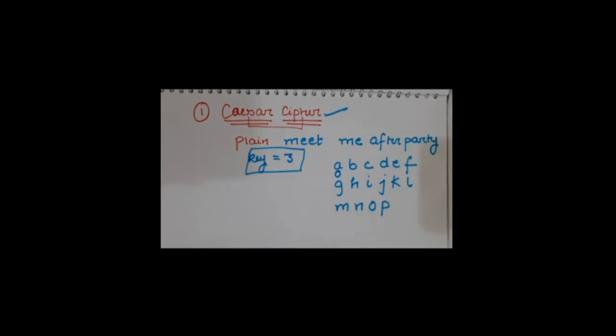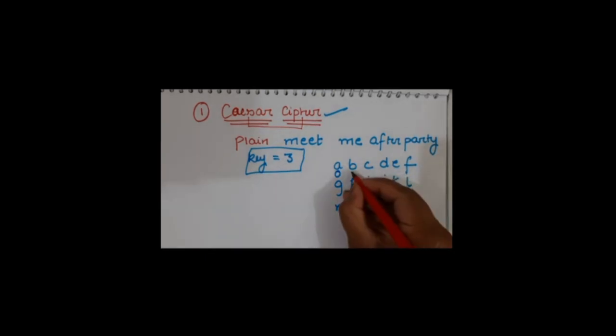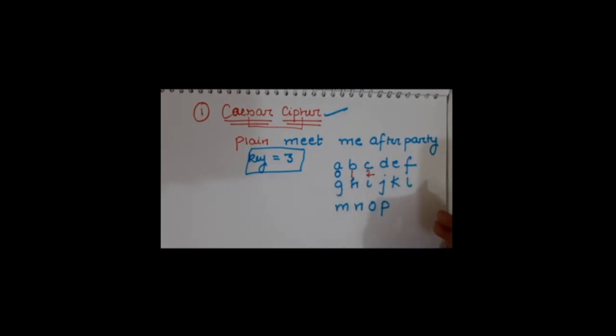A is assigned as 0, B is assigned as 1, C is assigned as 2, D is assigned as 3, and so on: 4, 5, 6, 7, 8, 9, 10, 11, 12, 13, 14, and 15.